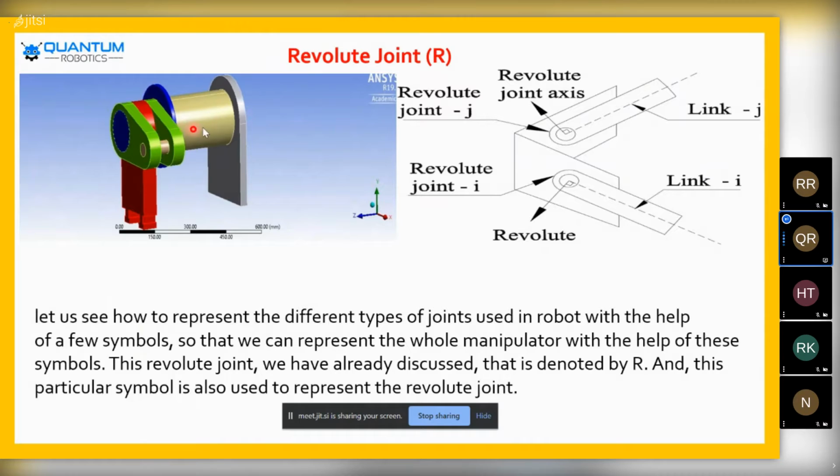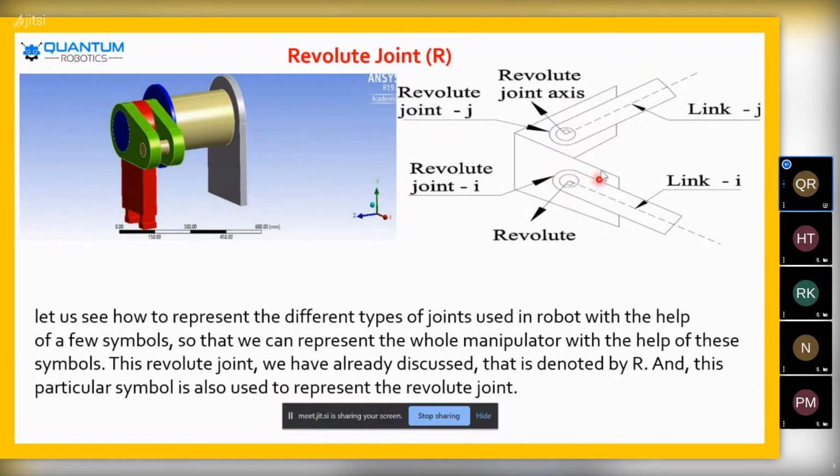Here the revolute joint is interrelated between two objects, one after another. How the revolute joint rotates and works is given by the revolute joint axis.